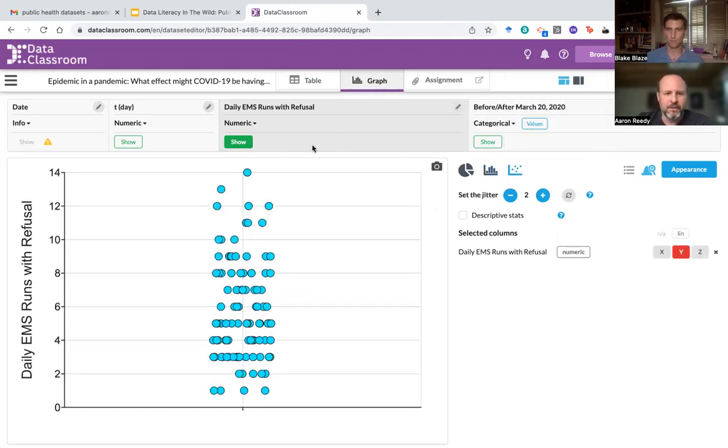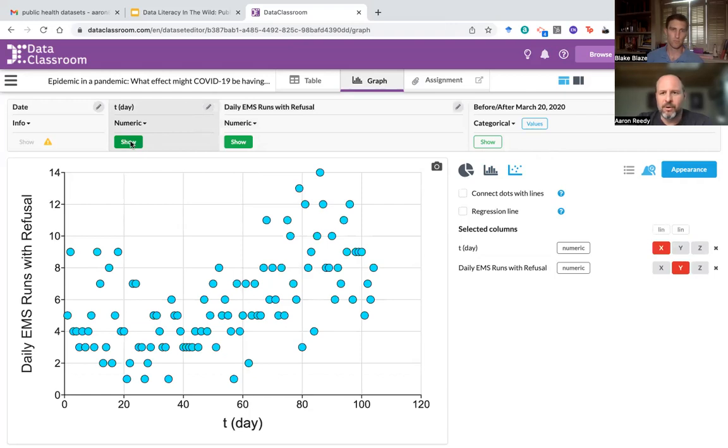I'm going to look at these data in this box plot form a little bit more. I'm going to look at these first across time. So I'm going to add this time variable to X and see what the overall trend is. Looking at these data going from day number 1 to day number 104, we see variation around there.